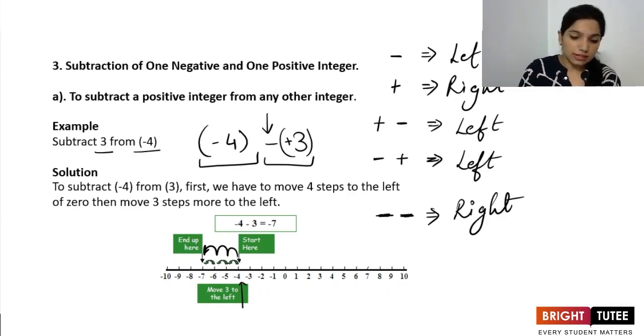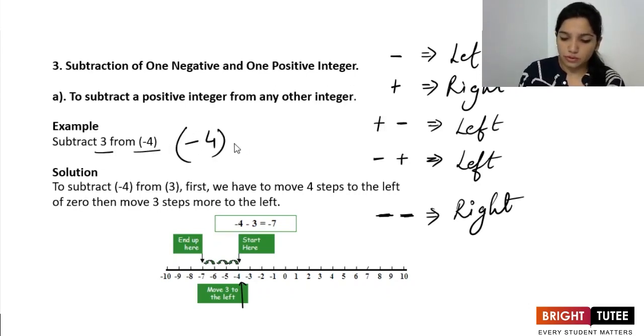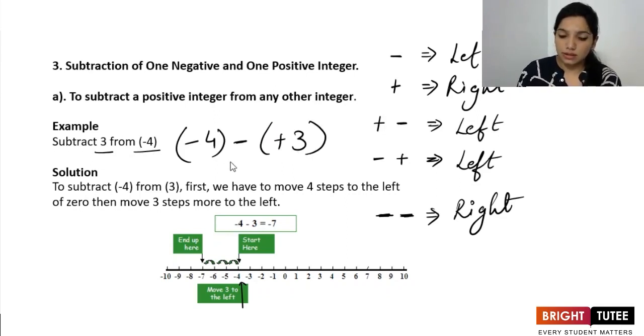So again, let's discuss what we have just done here. Okay. Let's see what we did. Here it was subtract 3 from minus 4. So from minus 4, we are going to subtract plus 3. So what signs are sitting here? A minus and a plus sign are sitting.